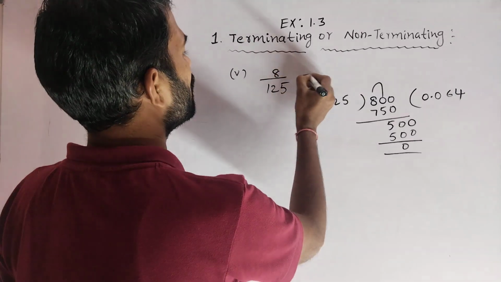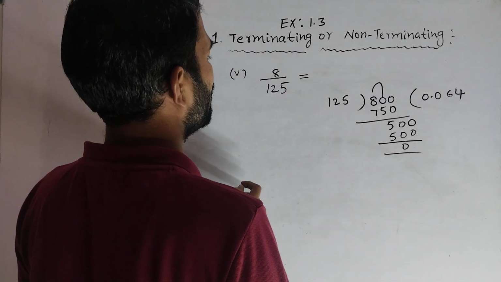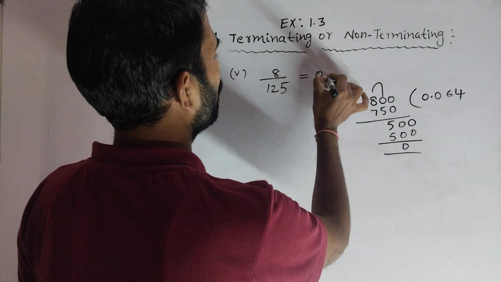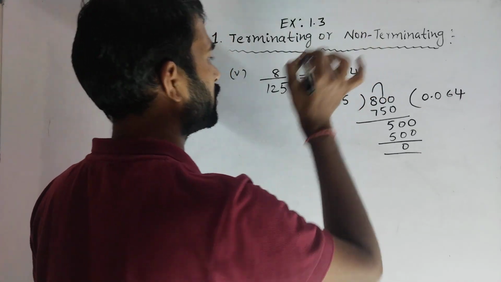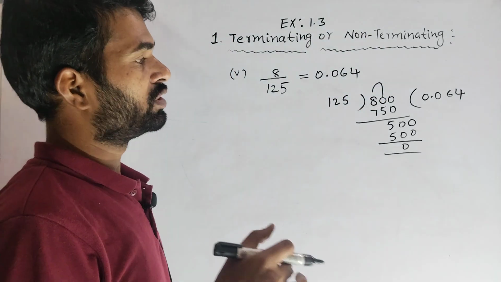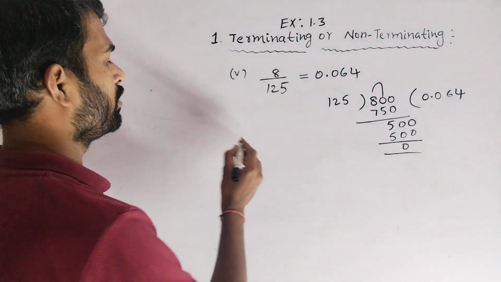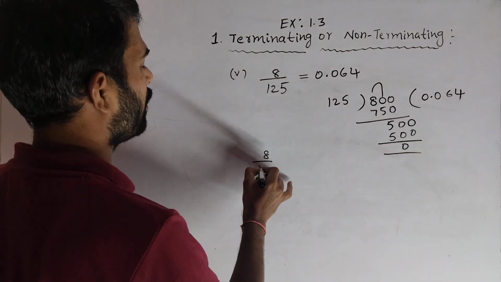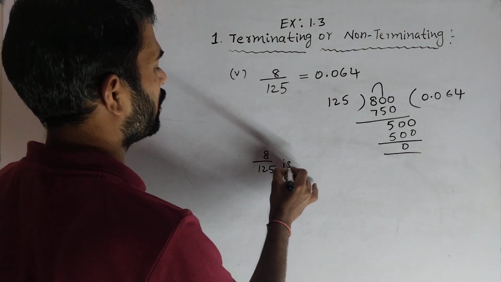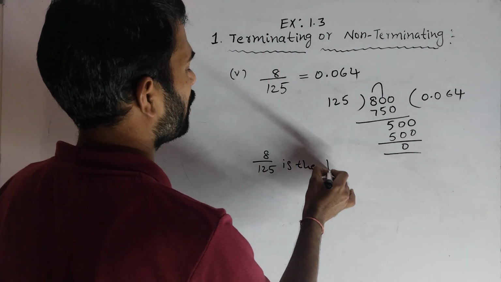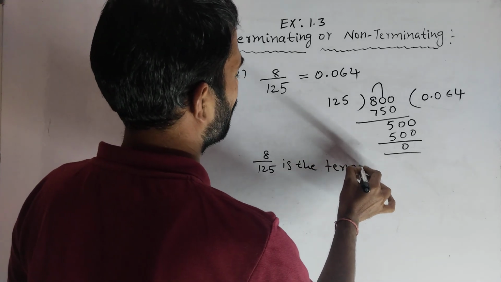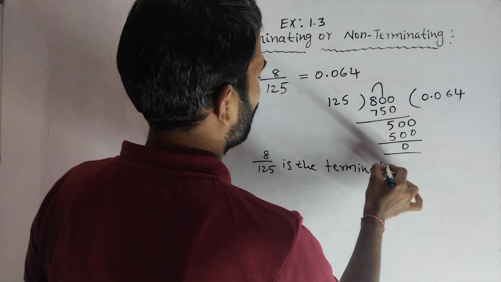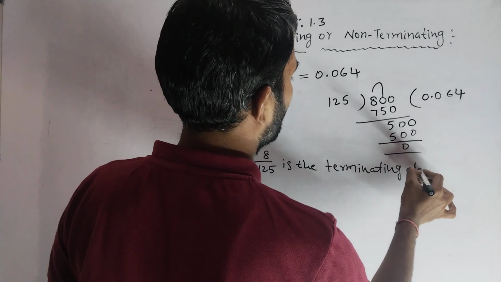So the decimal form of 8 by 125 is 0.064. So here we can write that 8 by 125 is a terminating decimal.